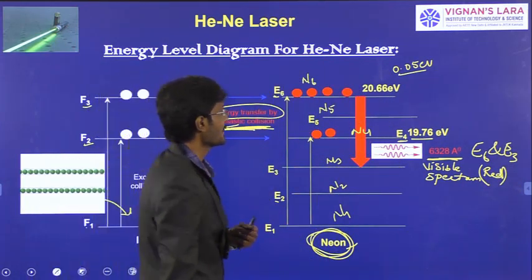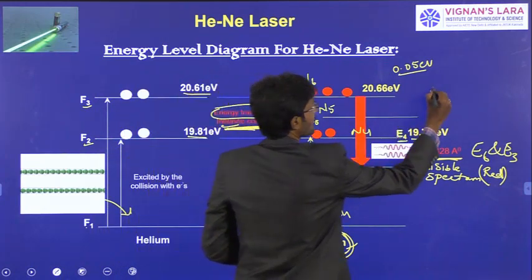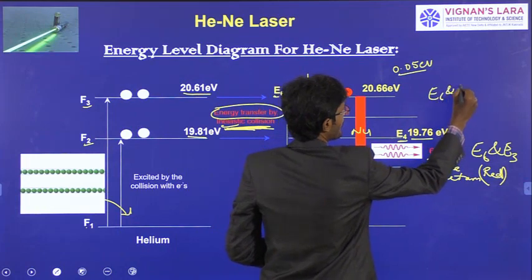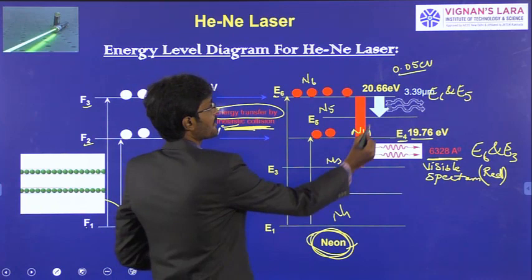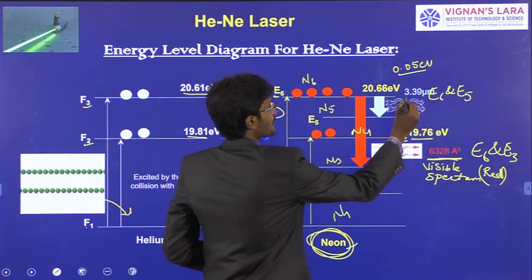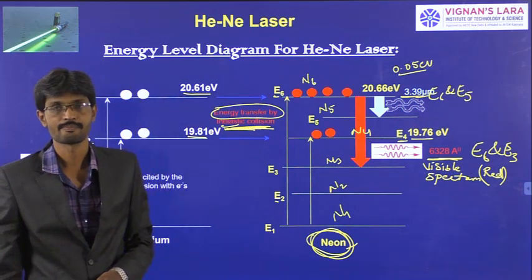And we have another population inversion between E6 and E5. Between E6 and E5, the stimulated emission takes place and it produces a laser of wavelength 3.39 micrometers.